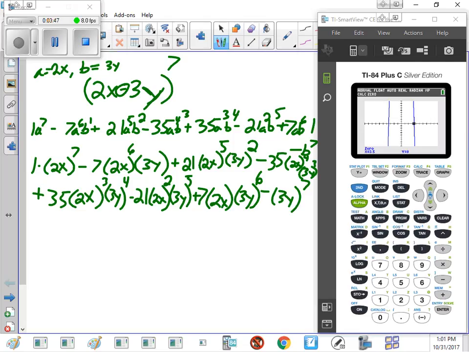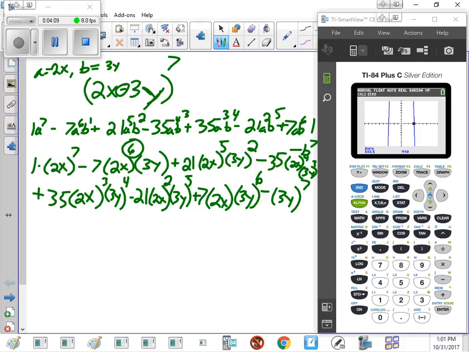What is the relationship between the exponent of A and the exponent of B? You guys see that? How does the A exponent relate to the B exponent? They always add up to be, in this case, 7.